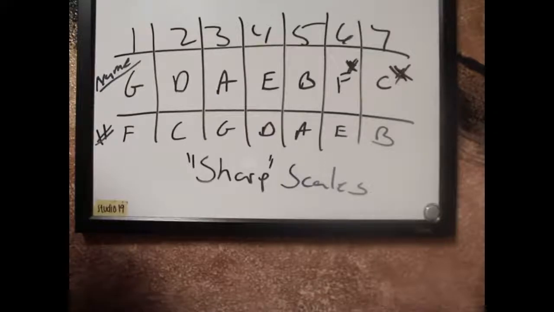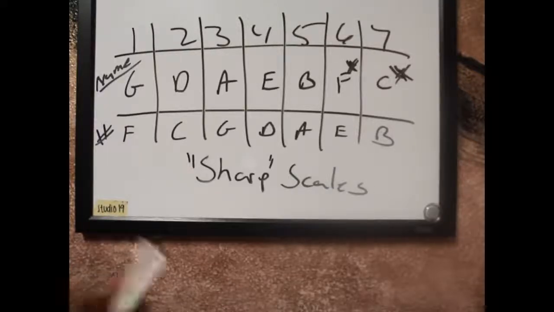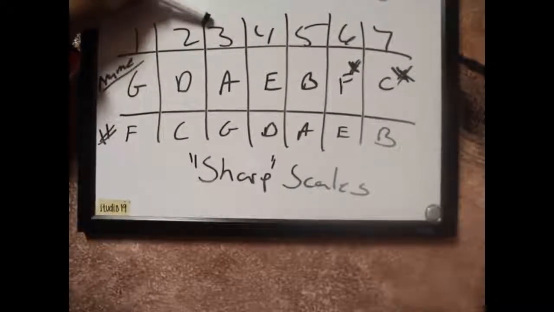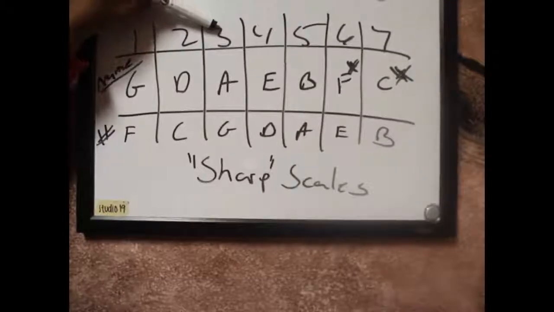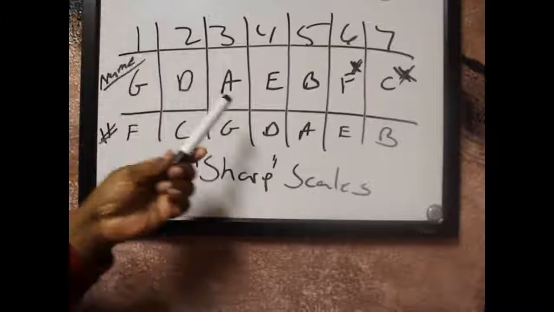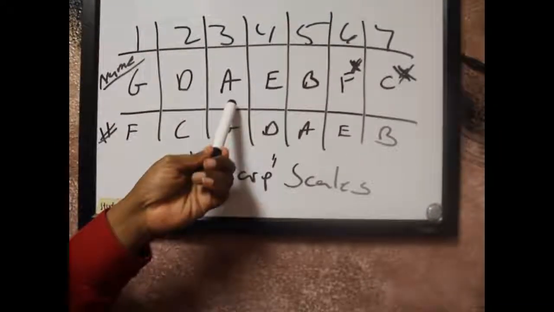Now, we're going to get right to the quiz. If there are three sharps in a scale or a key, what's the name of the key? The key is A, and what are those sharps?